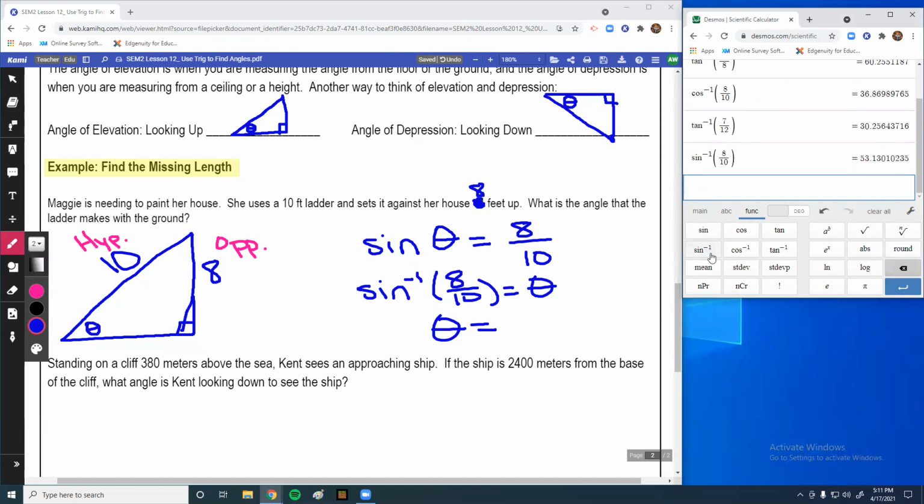And we get 53.13. So the angle is 53 degrees. So there we go. Again, we had to fix this 14 here to an 8 because the hypotenuse is always the longest side, so a leg cannot be longer than the hypotenuse. That was a mistake on my part.